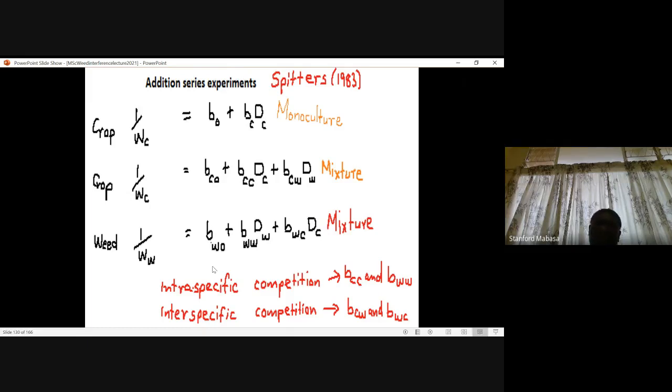Of course, the cost of doing it using the addition series is that you are now dealing with a very big experiment, because we have put several densities in a replacement series experiment.